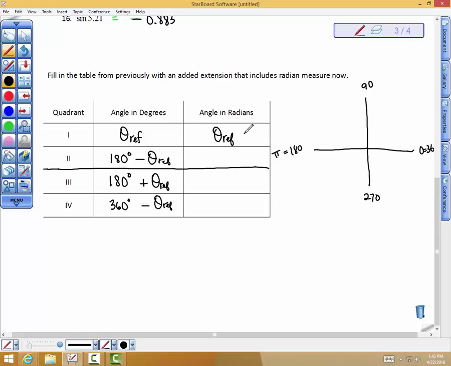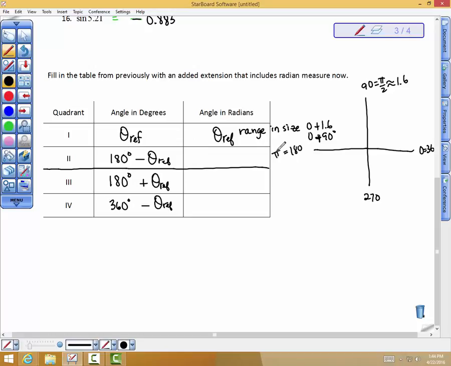And remember that because 90 degrees is pi over 2 and approximately 1.6, your reference angles are going to range in size between 0 and 1.6 instead of 0 and 90 degrees. That's going to feel real weird.